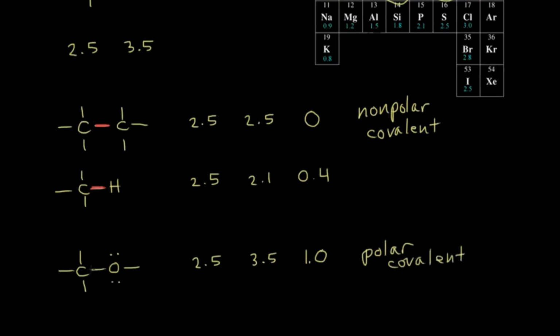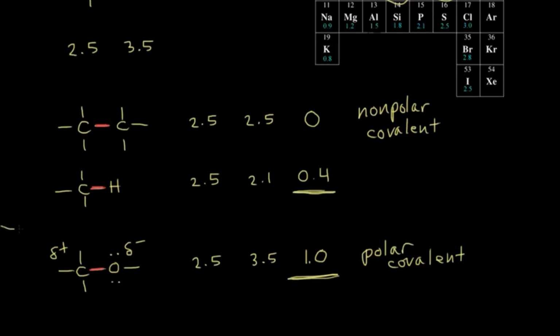So the electrons in red are pulled closer to the oxygen, giving the oxygen a partial negative charge. And since electron density is moving away, the carbon gets a partial positive charge. And so we can see that if your difference in electronegativity is 1, it's considered to be a polar covalent bond. And if your difference in electronegativity is 0.4, that's considered to be a nonpolar covalent bond.